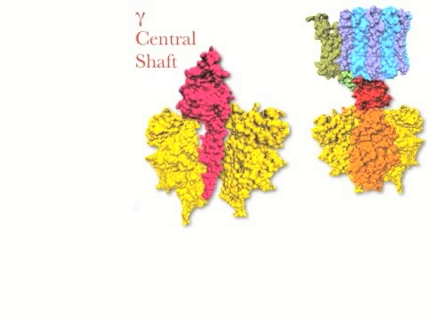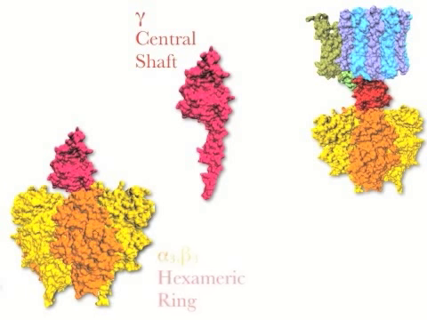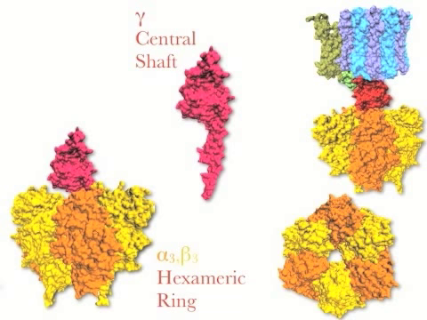As this gamma subunit rotates within the hexameric ring, it causes conformational changes to occur in the beta subunits. And here again, we see how the alpha3 beta3 hexameric ring surrounds the gamma subunit that comprises the central shaft. And if we rotate the hexameric ring 90 degrees to look at a cross-section of it, we can see the central channel into which the gamma subunit extends.